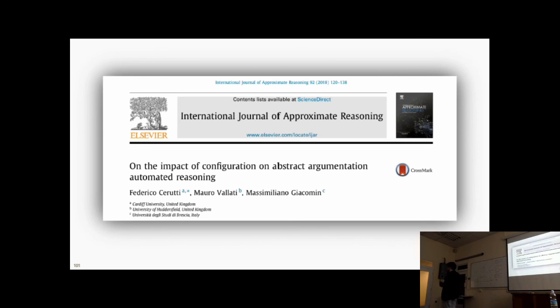And it turns out that it's not always true that SAT-based systems are the best. There are graphs with specific structure where approaches that do not translate into SAT, but just do the search in the original graph, are much more efficient. And there are other graphs for which instead moving into an answer set program is much more efficient. So as always, the results of a competition must be taken with a pinch of salt.